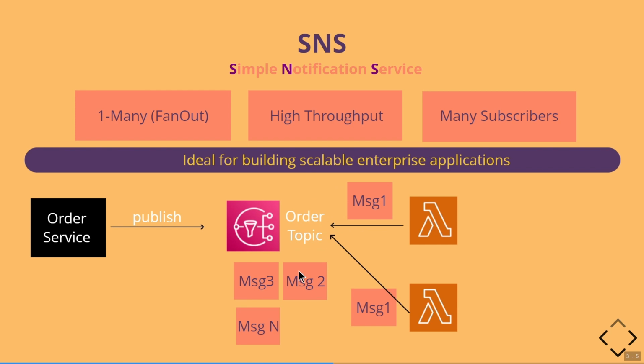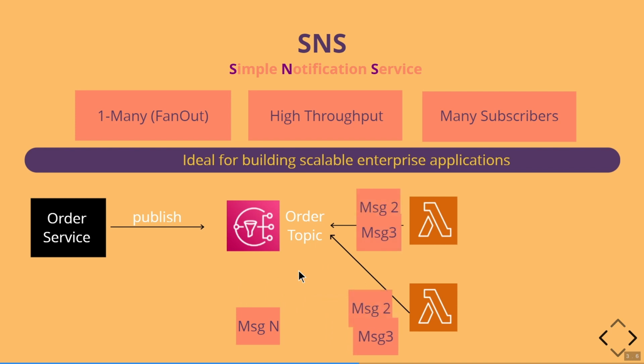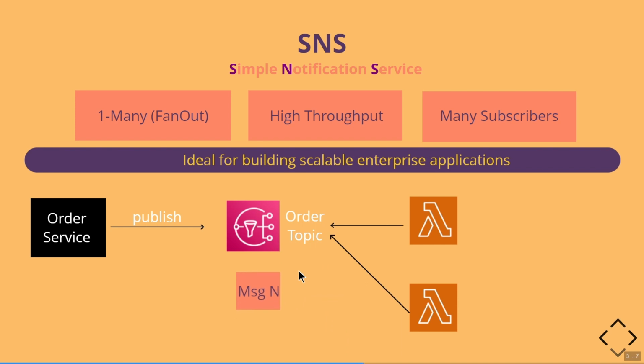That is, we are fanning out the messages. We are passing on a copy of that message to each of these consumers, and accordingly this will be consumed by this application, and finally after a predefined amount of time the messages will be removed from the topic.